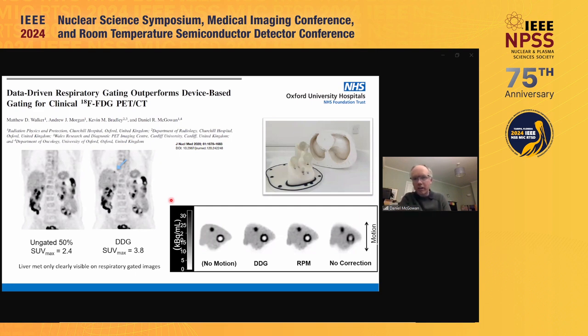But there are some issues with how that works when you use the device approach. So you look back at these scans, and you can see here nicely a case where you can't really see the lesion clearly on this one, but it's much more conspicuous on the data-driven gating. So that was on the patient side of it. And again, we had a clinician blind score all of those scans to prove the benefit of DDG.